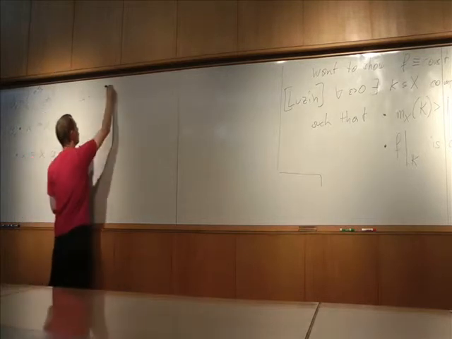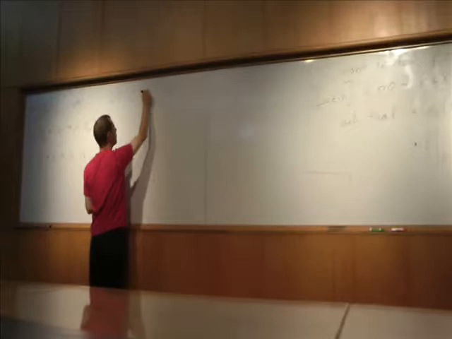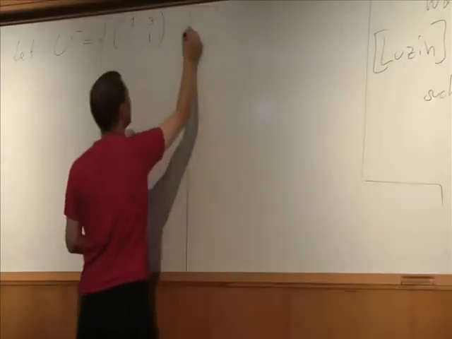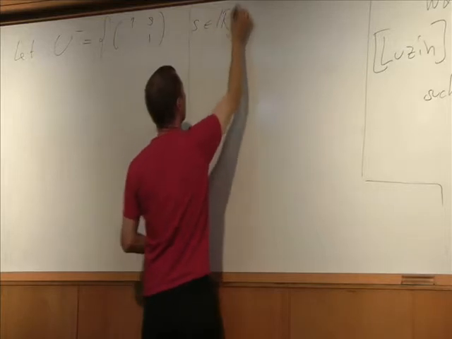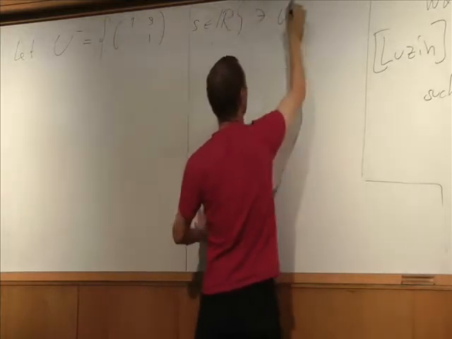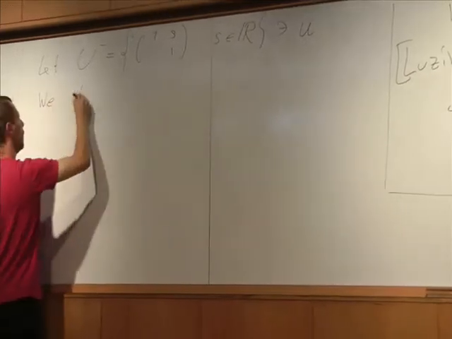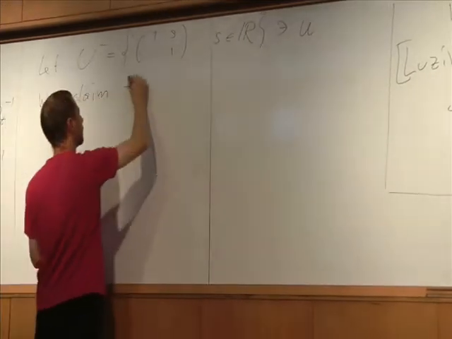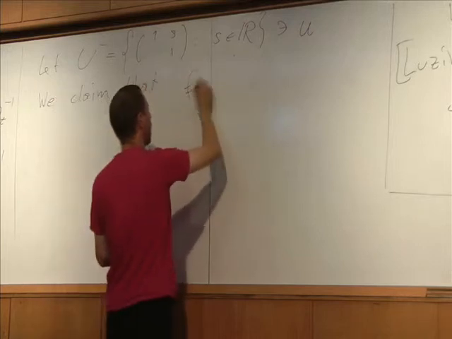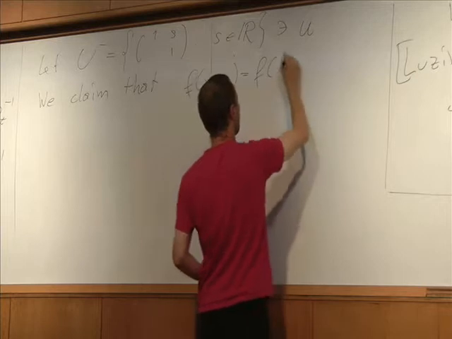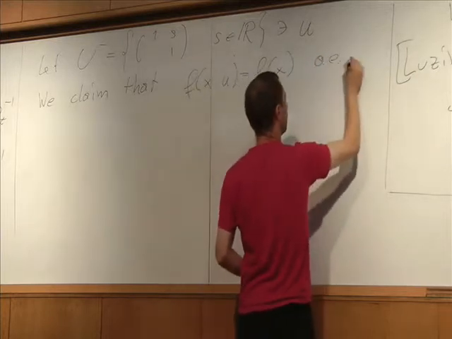Let u be an element of the upper unipotent group, the matrices (1 s; 0 1) with s in R, and take an element u from there. We claim that f(xu) equals f(x) for almost every x.